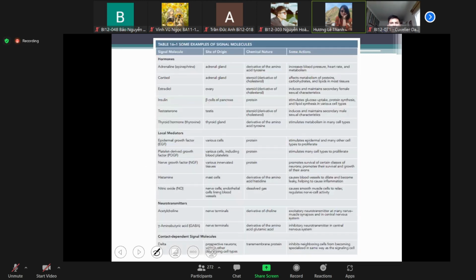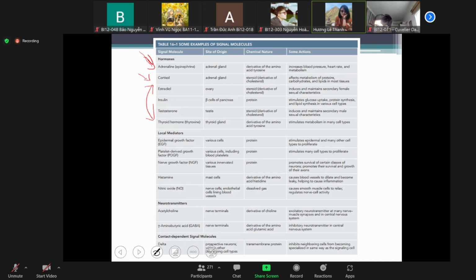Let's see some examples of ligands. Some are familiar to you, like adrenaline, which increases the blood pressure, heart rate, and metabolism, and cortisone, which affects the metabolism of proteins. Others are even more familiar, like estradiol, insulin for diabetes, and testosterone.